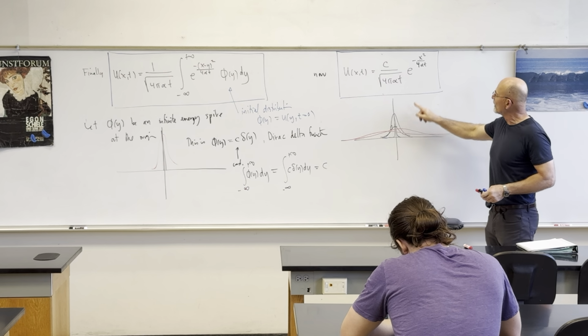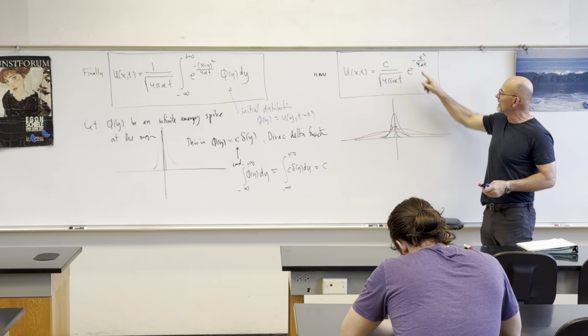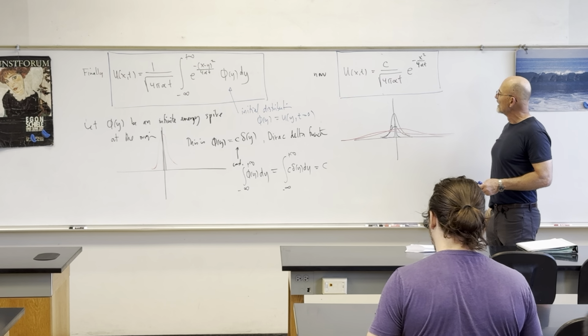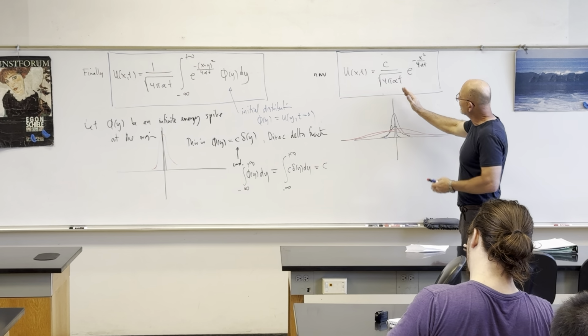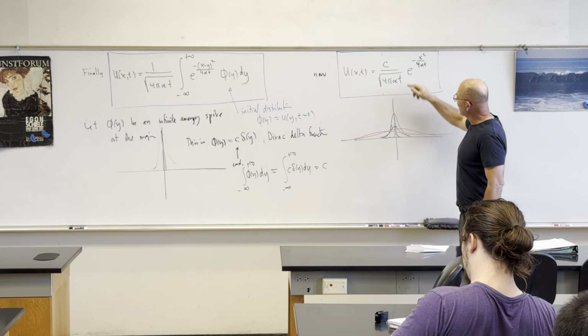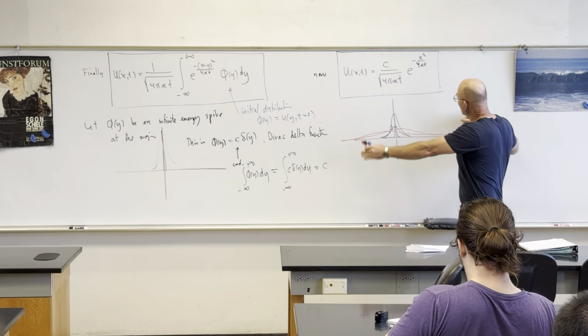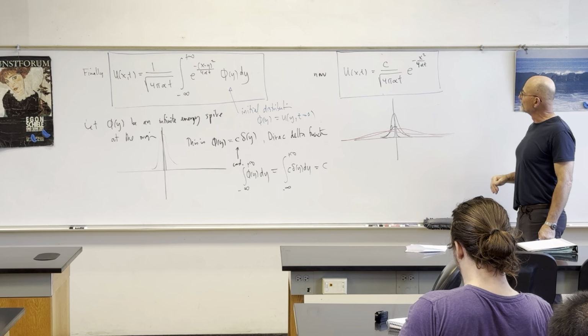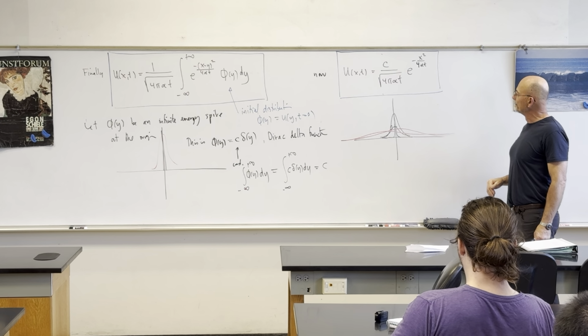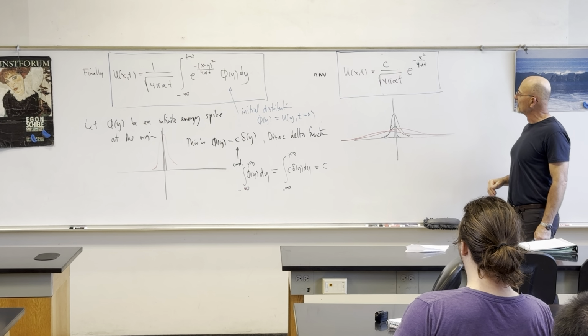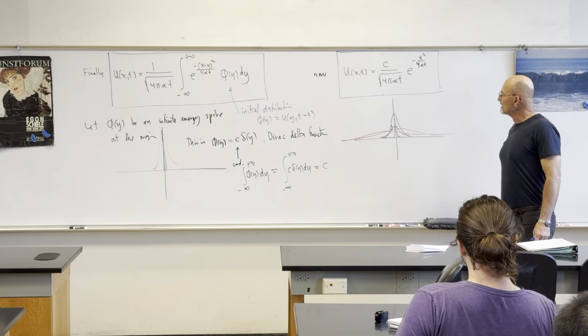At x equals 0, it is always 1. So yeah, it's becoming narrower and narrower for t goes to 0 and higher, and then as t gets larger and larger, it vanishes out.